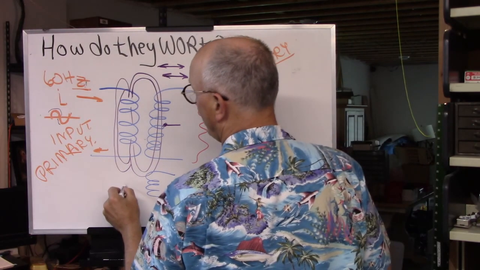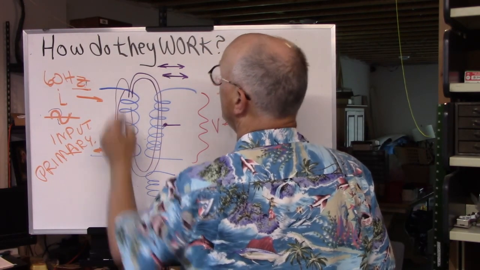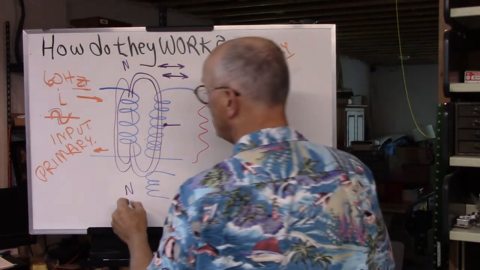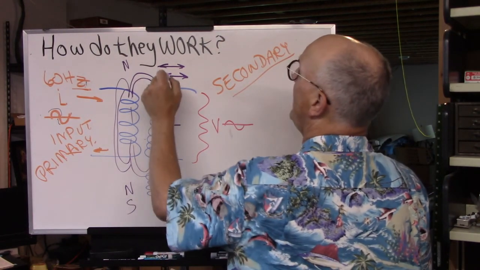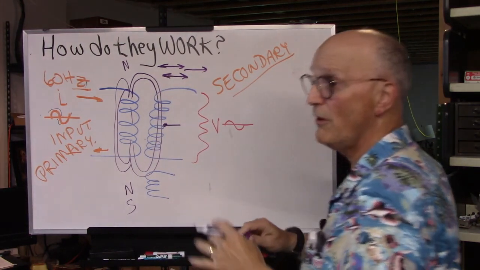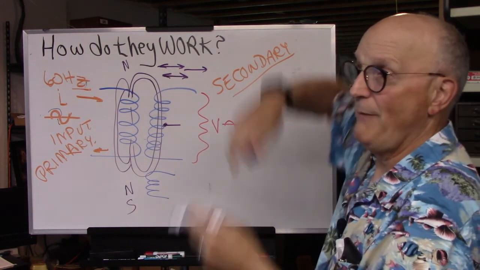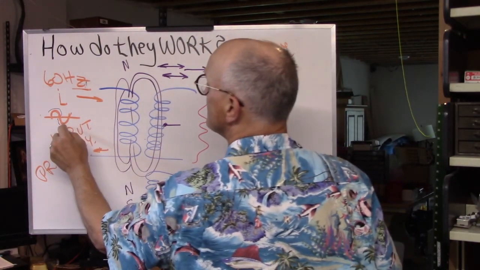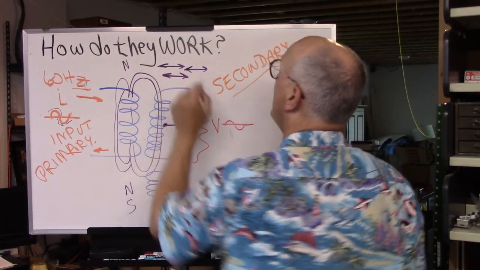So if this was the north end, this now becomes the south end, and the magnetic field once again begins to grow, just with opposite polarity, and it reaches a peak, and then it starts to come back down again and goes the other way.